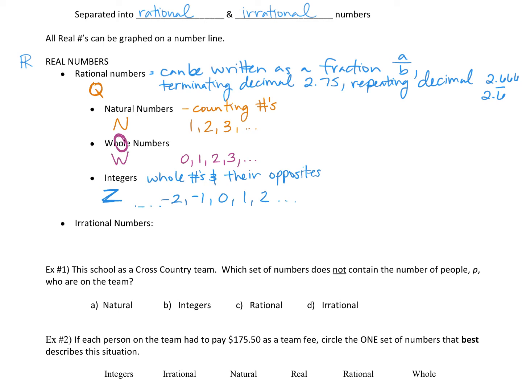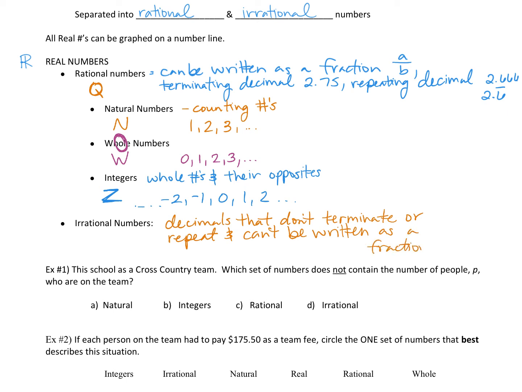So an irrational number is decimals that don't terminate or repeat and can't be written as a fraction. Okay, so first of all, this is an I for irrational. That would be pi.